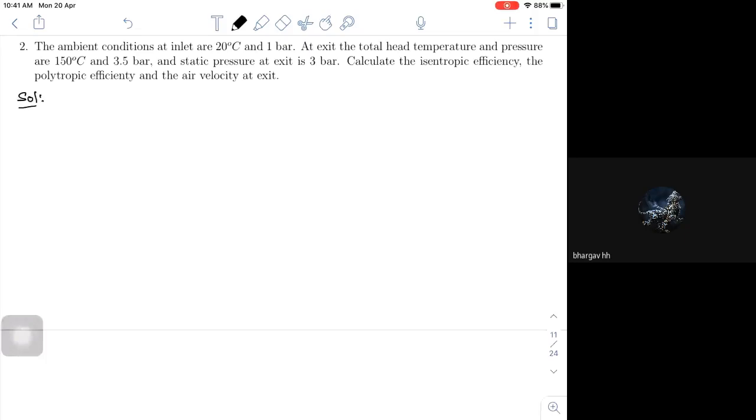The solution for this: they have given the ambient inlet condition, so the data that is given is my T01 is equal to 20 degrees Celsius and P01 is 1 bar, and at the exit, that is T02 is equal to 150 degrees Celsius and P02 is equal to 3.5 bar, and they have also given the corresponding exit static pressure, which is 3 bar.